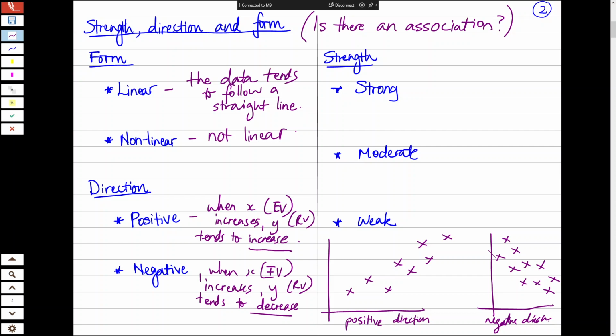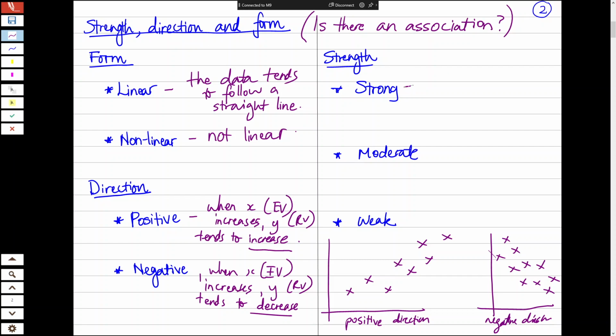And we'll classify the strength of an association based on that value. But at this stage, we don't know what that is. And sometimes, unfortunately, in the exam, they don't give you the data which allows you to calculate R, which means that you have to make a judgment on how strong the association is.